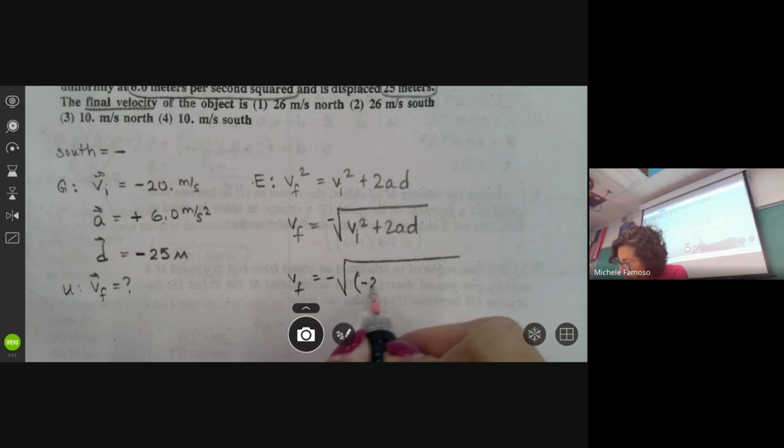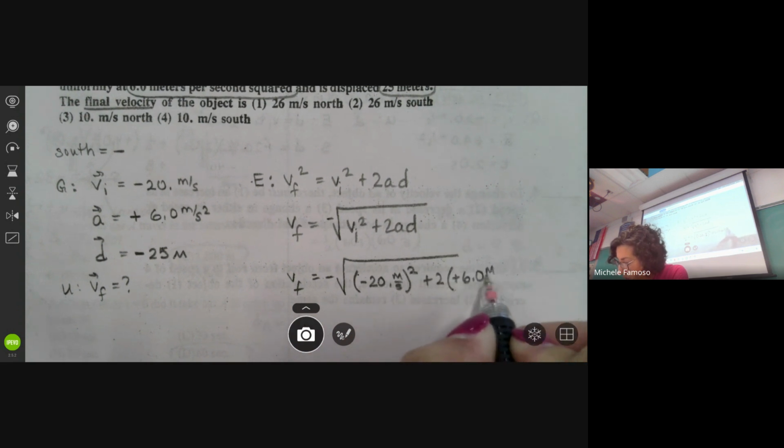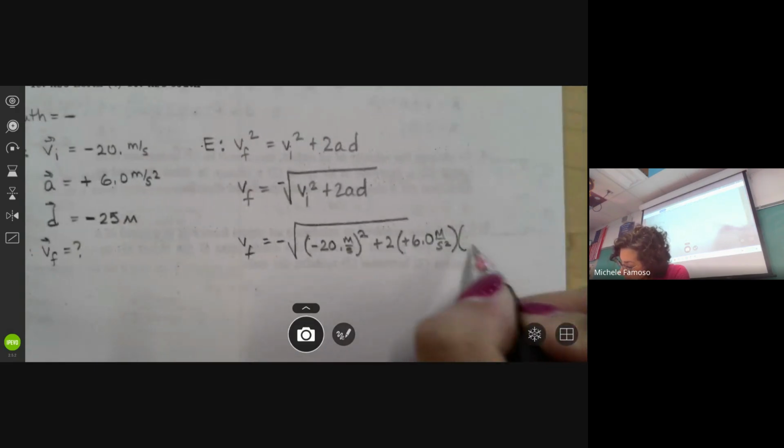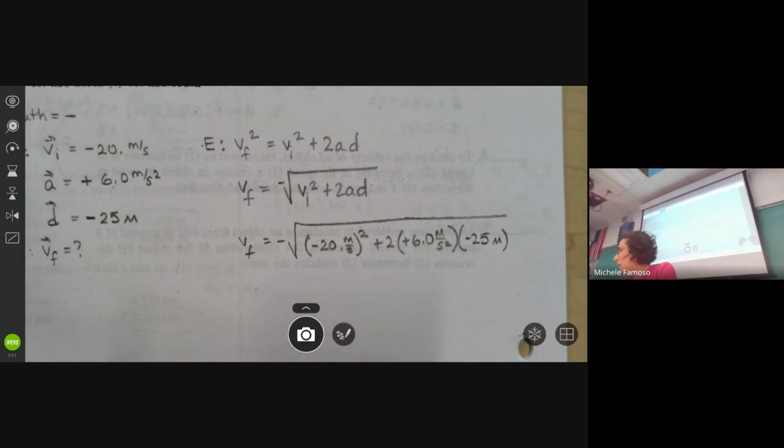So that is the negative square root of negative 20 squared plus 2 times positive 6.0 meters per second squared times negative 25 meters. Now this one, I am going to go to my calculator to do it, just to make sure I don't mess it up.